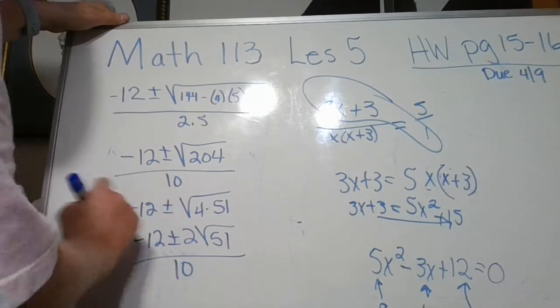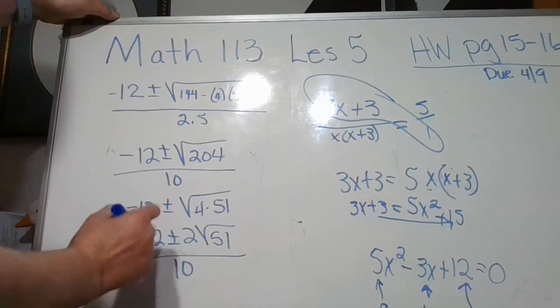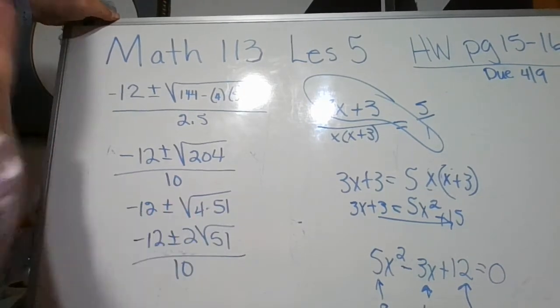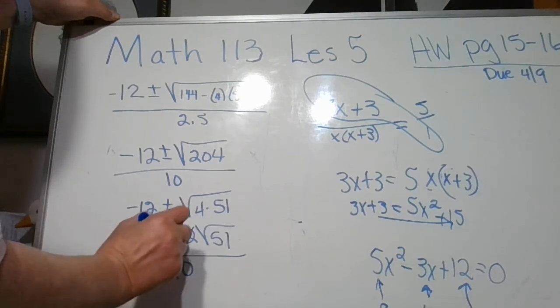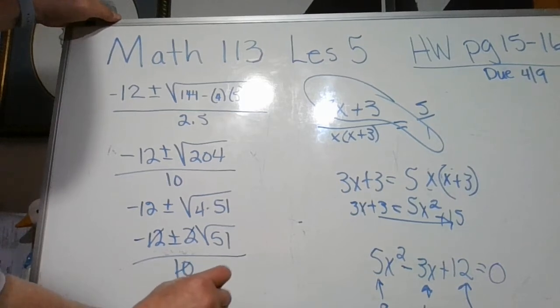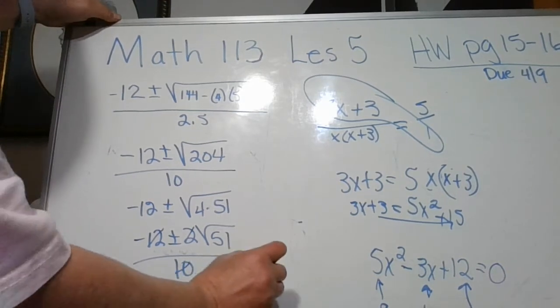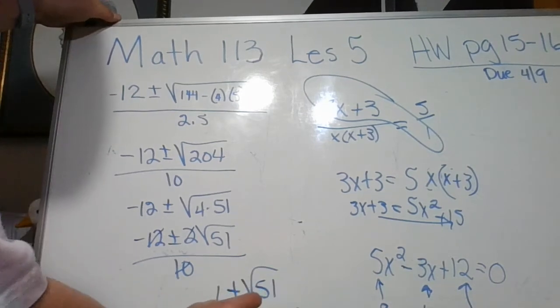I should have brought that down. But okay, so I look at these. Nothing I can do with that 51. But I see this number and this number and this number all have a 2 that I can take out. So I can have negative 6 plus or minus the square root of 51 all over 5. And that's your answer.